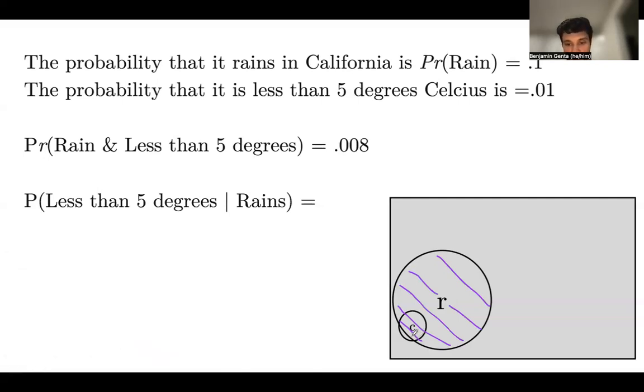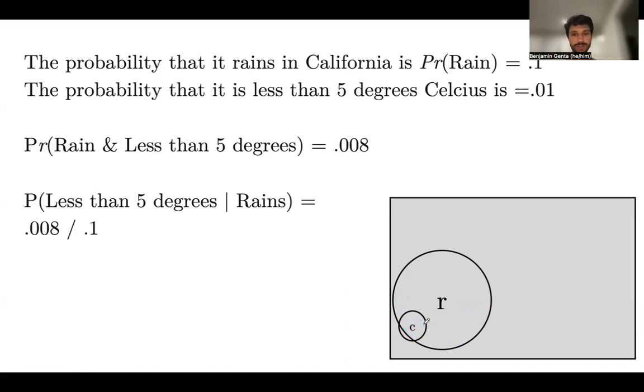So now we're asking, what's the probability of this blue shaded part compared to the purple shaded part. Apologies that it's not perfect. And if you forget the rest of the sample space, you'll notice that it's much larger. So the intuition is, well, when it rains, usually it's colder. And if you know that it rains, then you're more likely to believe that it's going to be cold, right?